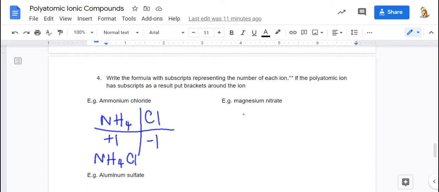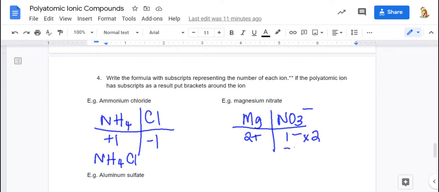Magnesium nitrate, Mg has a charge of 2 plus, and nitrate has a charge of 1 minus. Now, these numbers are not equal, but if I multiply nitrate by 2, my total negative will be 2 minus.